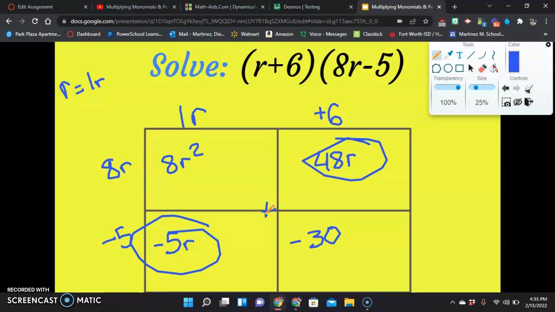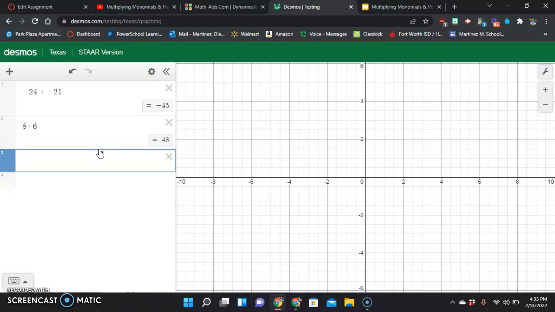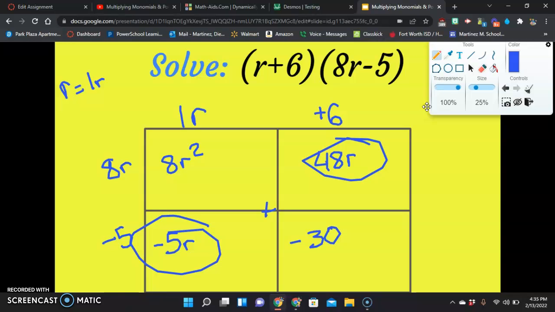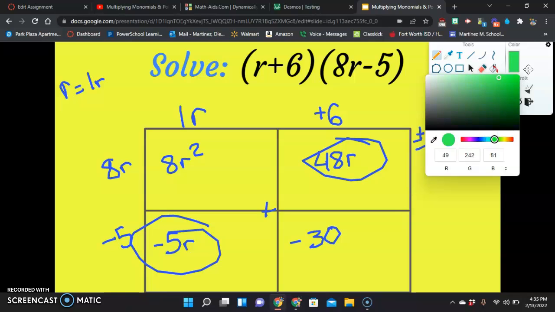So we're going to go to Desmos, and we're going to do negative 5 plus 48, which equals positive 43. Positive, so plus sign. Now we can write our equation, and in this one I will change the color.